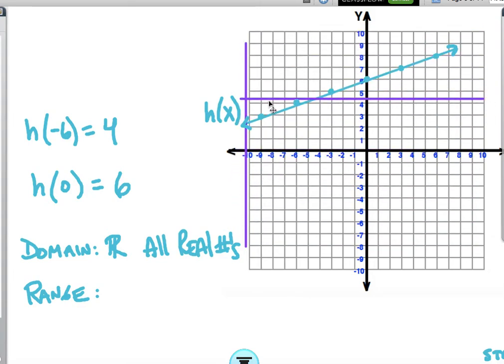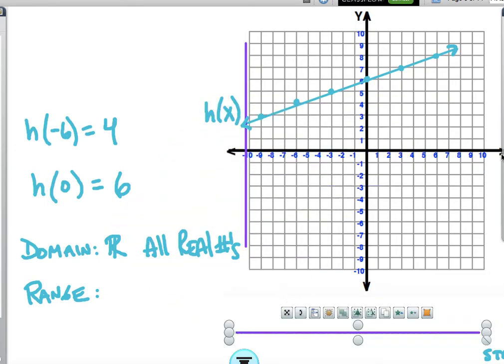Okay, so now imagine this arrow, as it's going to the left, it's also going down. And here, as we're going this arrow to the right, it's also going up. So these y values are going to keep going up, and these y values are going to keep going down. So the y values can be anything. So all real numbers.